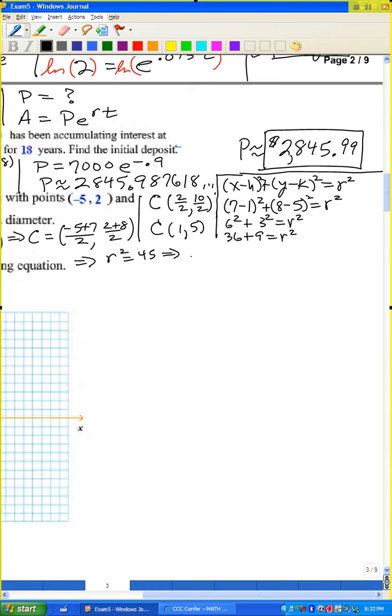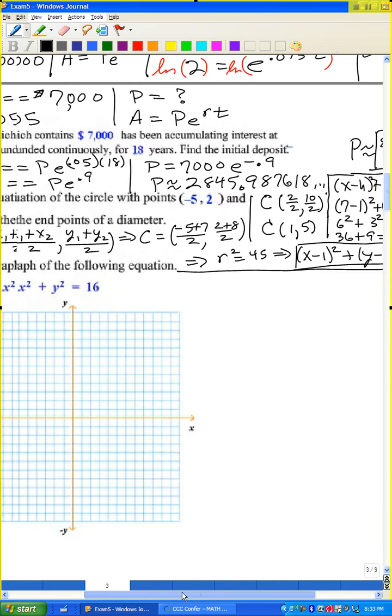And so the equation is just x minus h squared plus y minus k squared equals r squared. And that is the equation of my circle.